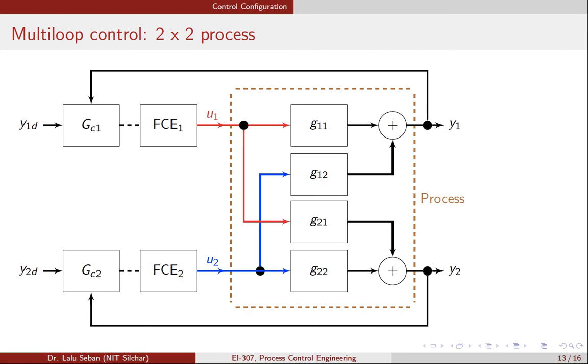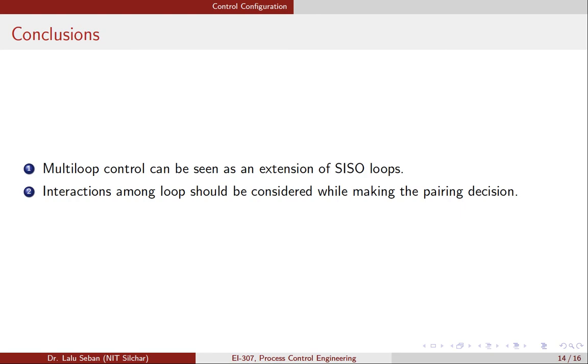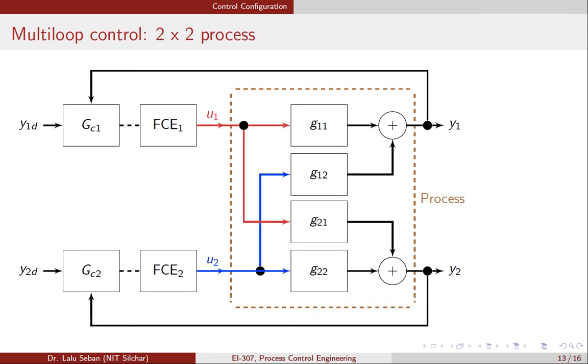Fine. Now what are the advantages and disadvantages of this multi-loop control? The interaction part I will discuss in the next video. Possibly you may be able to answer that. What are the advantages?